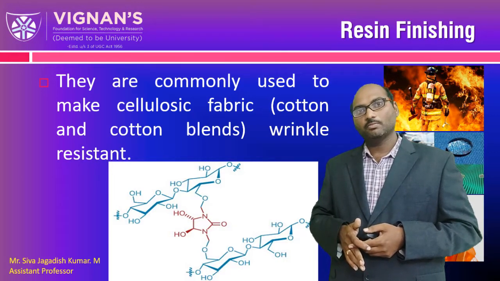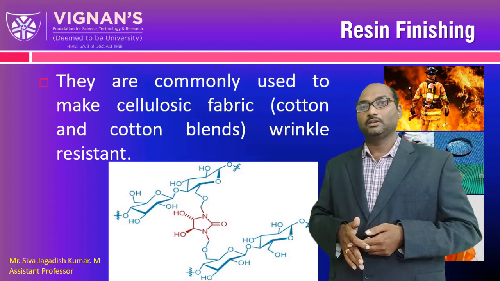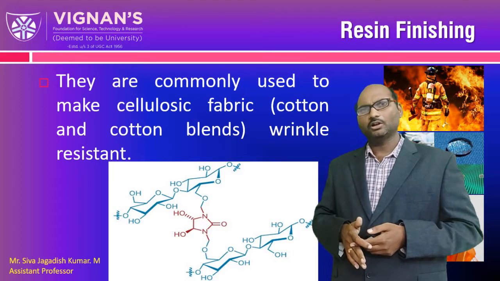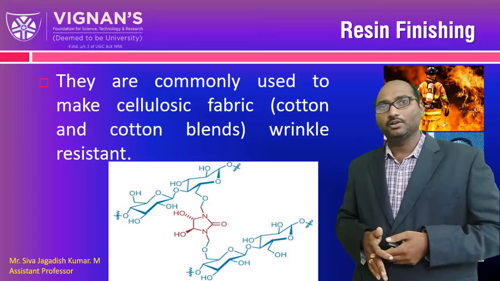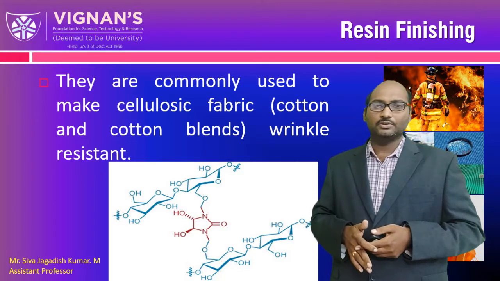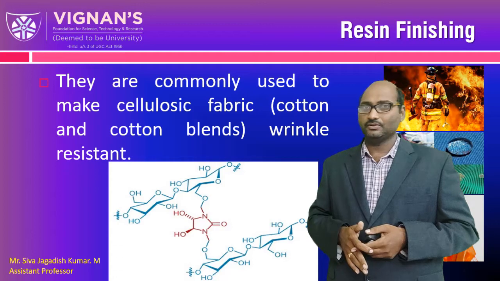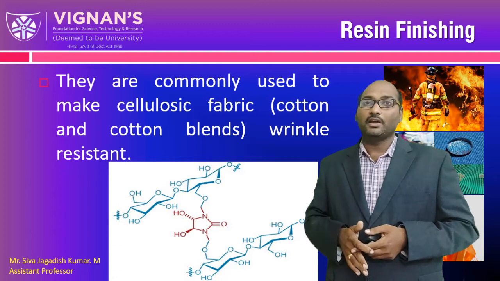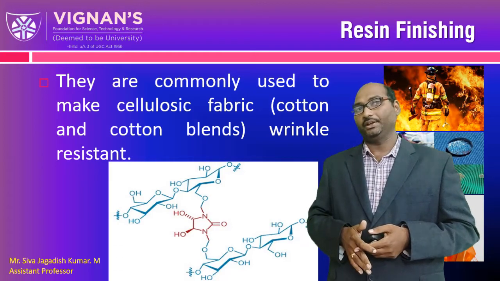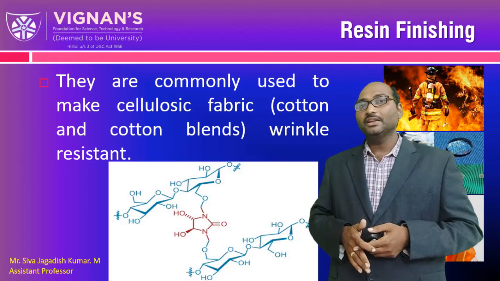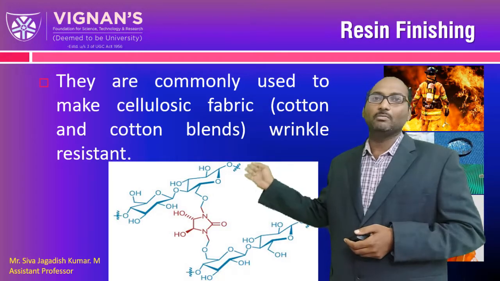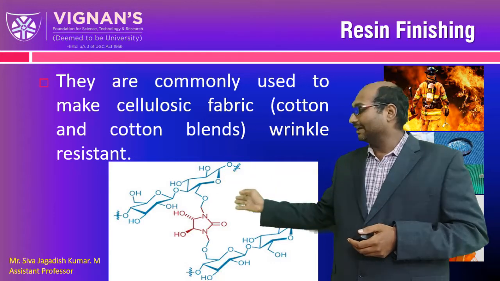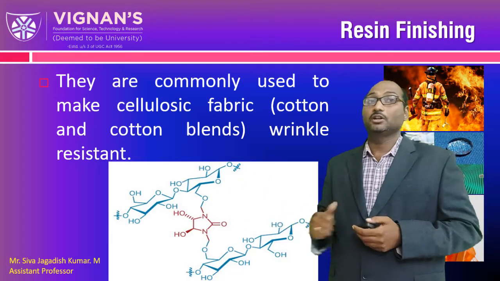Cotton fabrics are prone to wrinkles. Not only cotton, all the cellulosics having OH, even linen, are prone to wrinkles. So these wrinkles must be avoided by cross-linking through this sort of resin treatment.